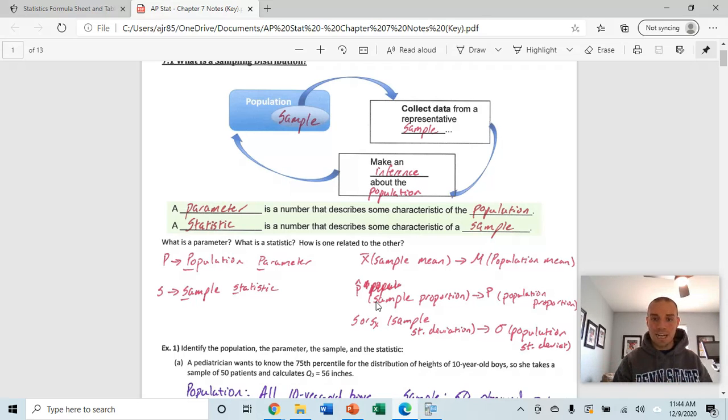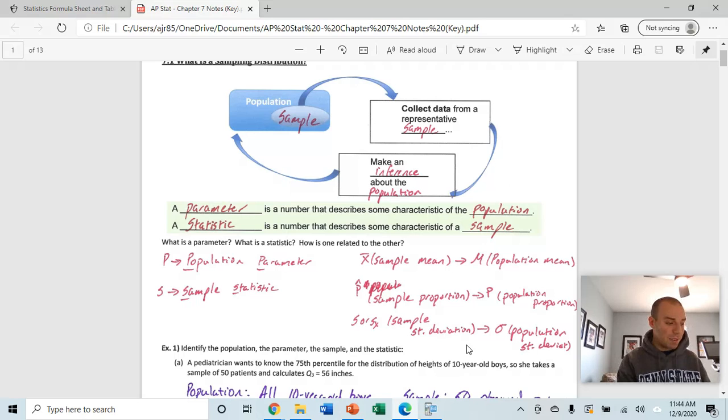P is what's true for the entire population, and it depends what your population is. Your population could be all adults in the US, all seniors at South, or all people in Middletown. Whatever it might be, that's your population. And then finally, you have s or s sub x, which is your sample standard deviation. Then you have what looks like an o with a little tail. That's the Greek letter lowercase sigma.